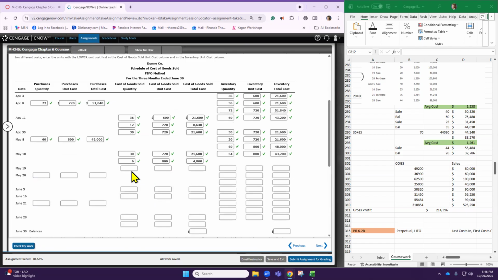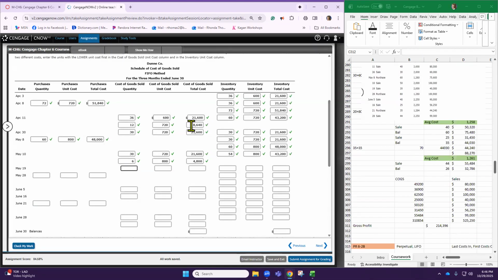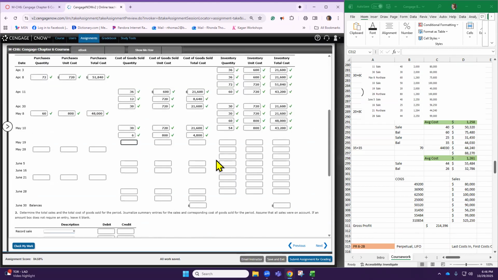Okay. All right. And then we have a sale on May 19th. So May 19th sale is 18 units at $800. That's the only one we have. 18 units times 800 is 14,400.